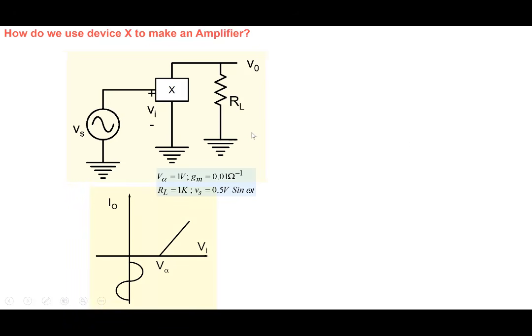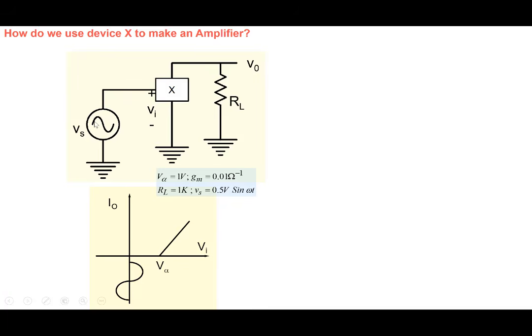Now there's a simple solution to it. We note that for an amplifier to work, I0 of course has to respond to Vi, right? So that's how we are building an amplifier. This current I0 has to respond to Vs in a linear manner.